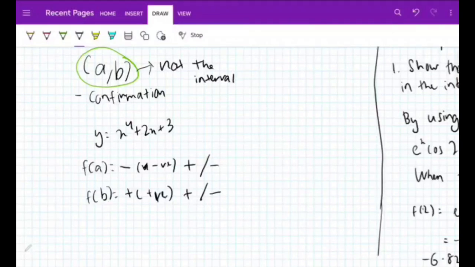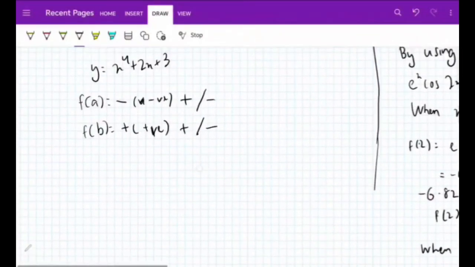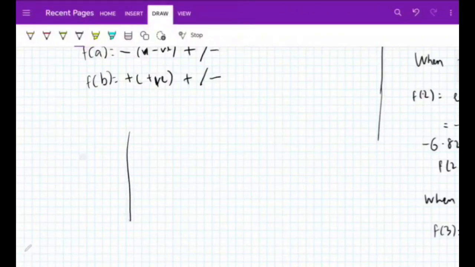Why I stress that one should be positive and the other negative is because, let's just say this is a graph, and we know our root is located at 3. This is a, this is b, as given in the interval just now.